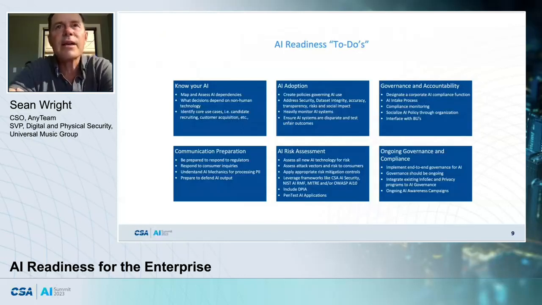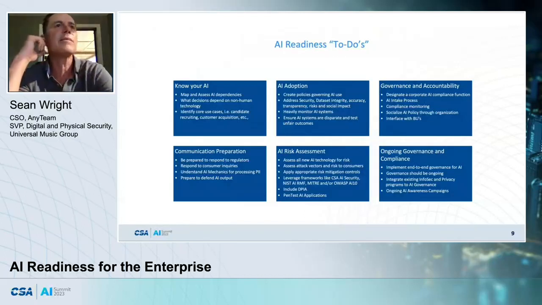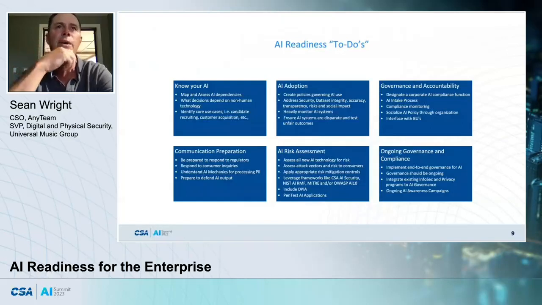To-dos, readiness. We've thought a lot about this, and we think that there are a variety of things that you can do as an organization to help ready yourself for the introduction of AI technology within your environment in a way that is safe and secure.